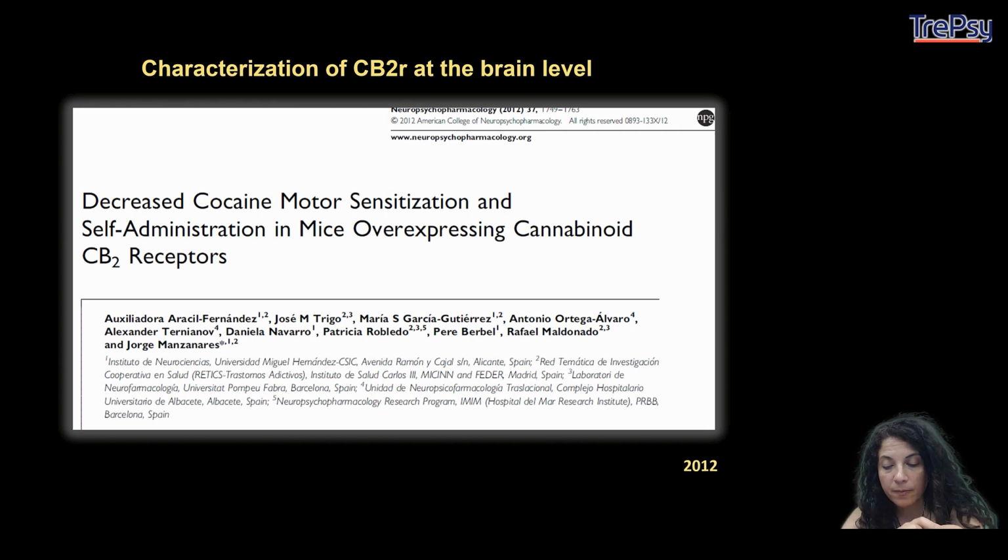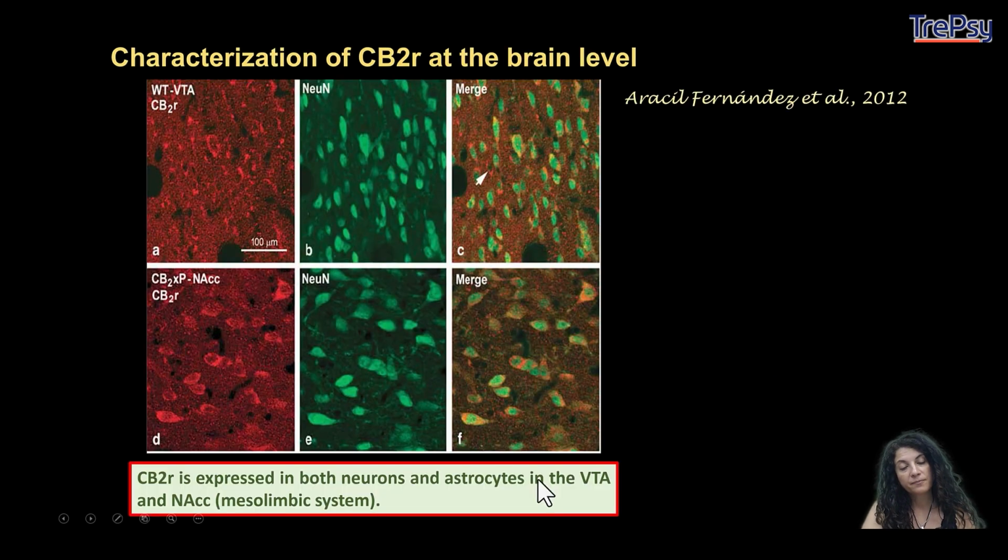Our group was able to characterize the CB2 receptor at the brain level in 2012. We made immunohistochemistry in the VTA and nucleus accumbens.